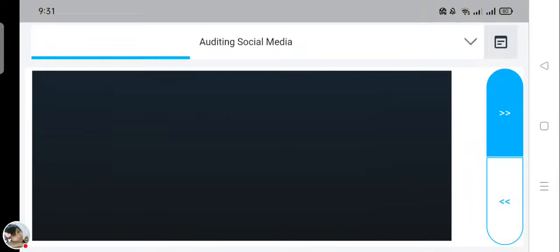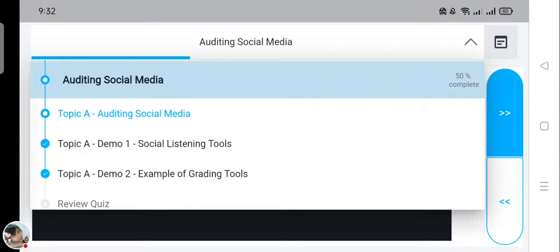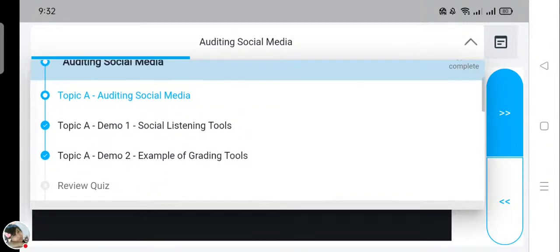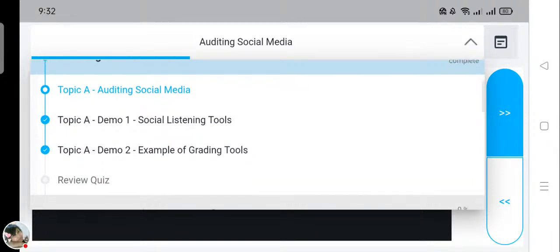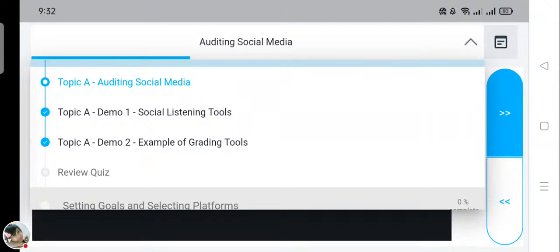Ayan, sis Dini, mega love shout out. So, natapos na yung auditing social media. Next, ano ba next niya? May topic A pala yon, social listening tools. Then, next, meron tayong example of grading tools.